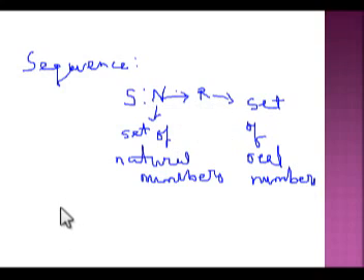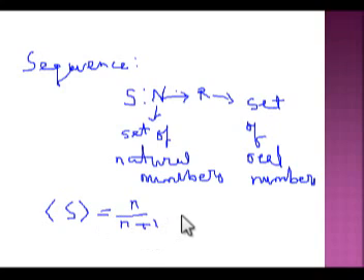I am giving an example. Take this operation, a sequence denoted by this symbol, given by n by n plus 1, where all n belong to the set of natural numbers. If we put in the natural numbers, then we will get the full sequence.